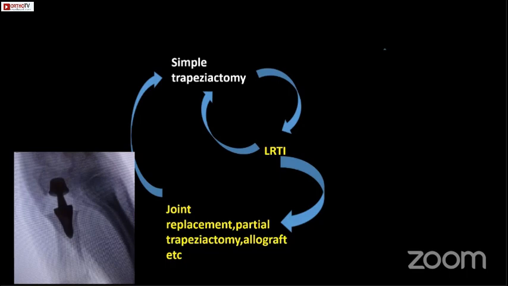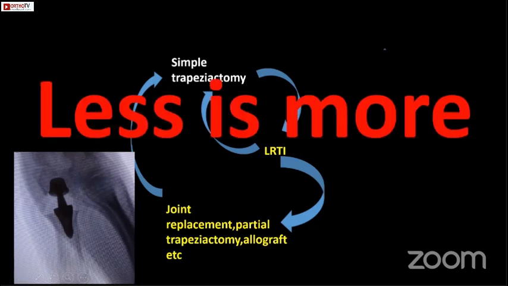But we are running in the same circle. We started with the simple trapeziectomy, we went to the LRTI, then realized simple trapeziectomy is really a good answer. Then from LRTI we got to the joint replacement, again coming back to the simple trapeziectomy. So less is more in this type of case.